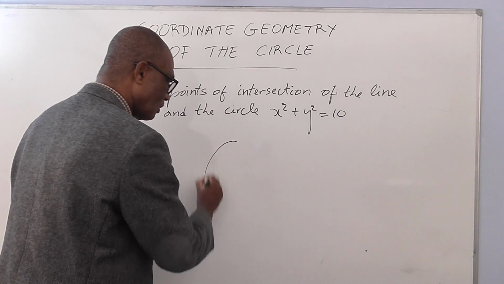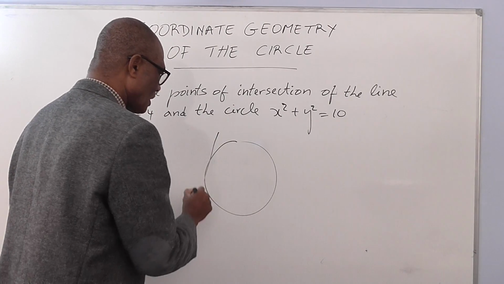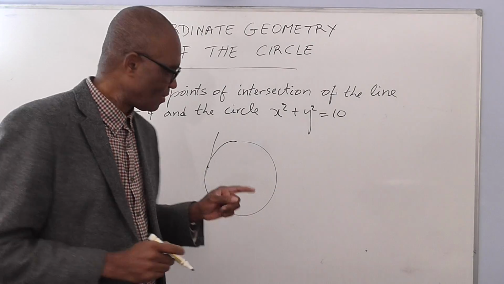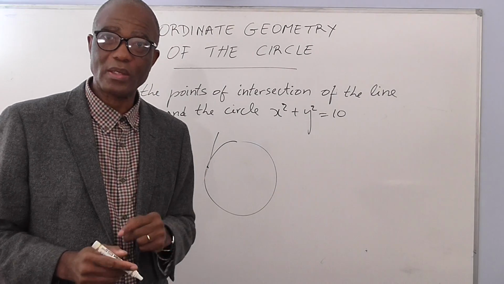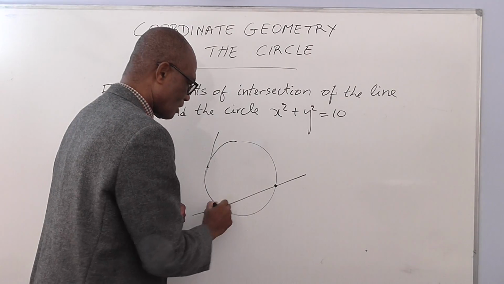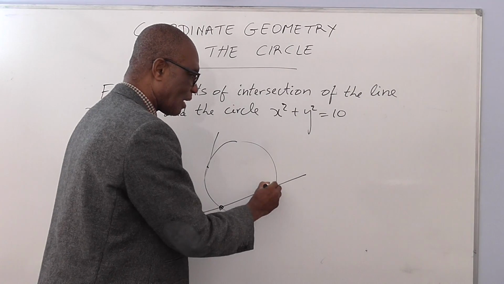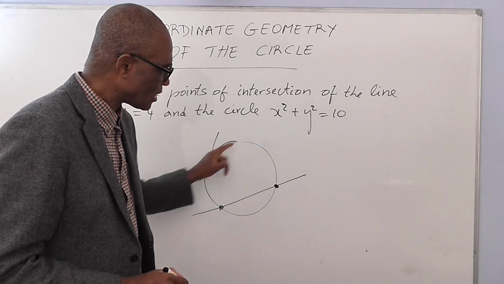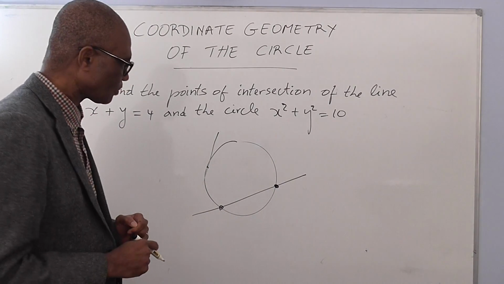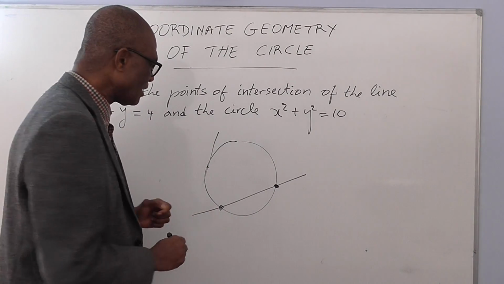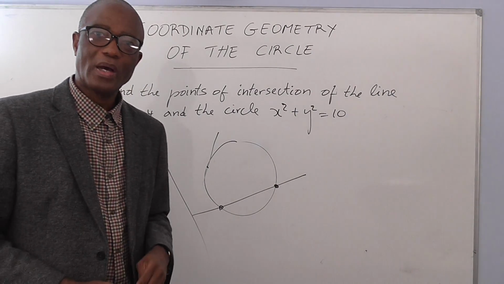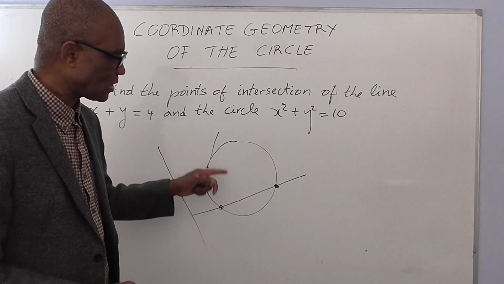The circle and the line can be tangent, that means touching the line at one single point, or it can be secant, that means cutting the circle at two different points. And the line can also be elsewhere, out of the circle.